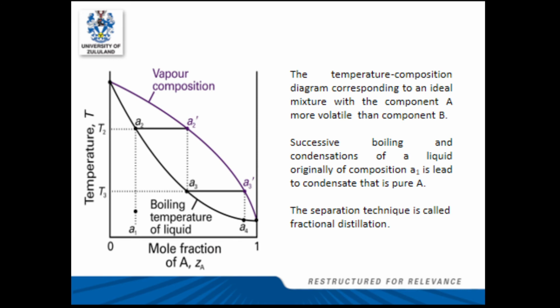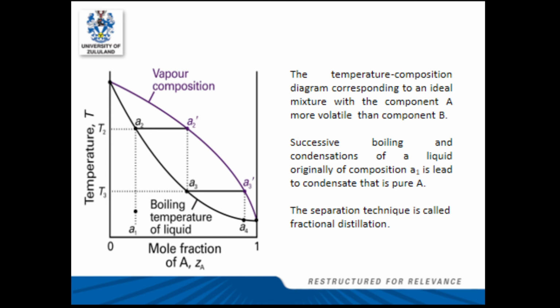So in that graph, we have the successive boiling and condensation of a liquid originally of composition A1 that will lead to a condensate that is pure A. As we can see from our graph, if we start at A1 and increase the temperature of our system, at A2 or at T2, that is where we are going to have the boiling temperature of our liquid.